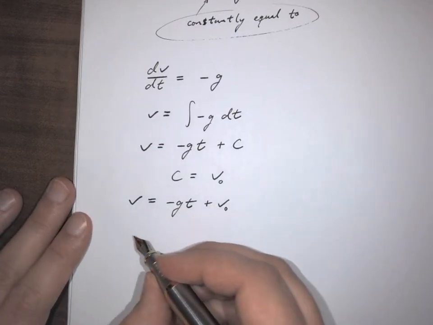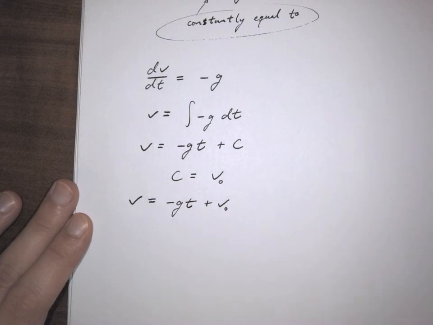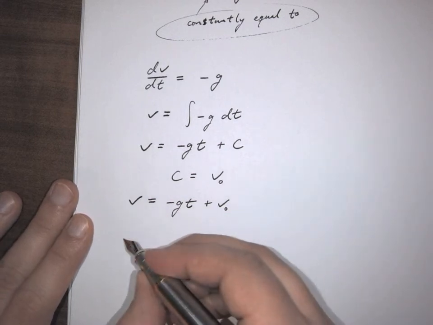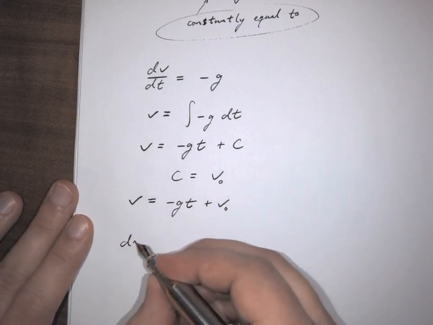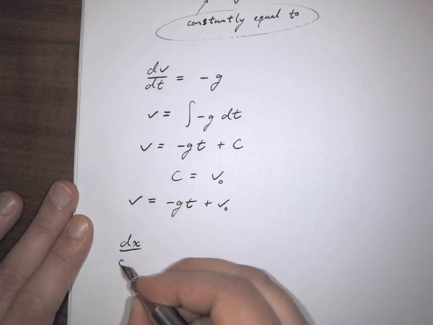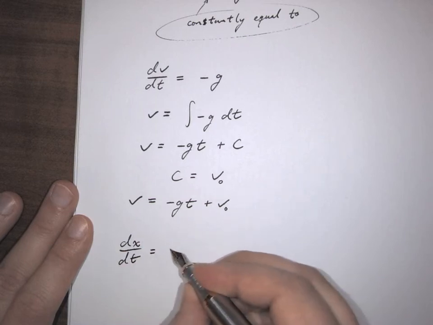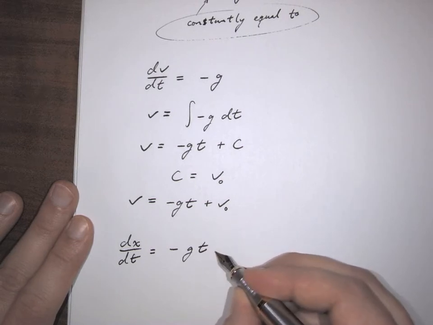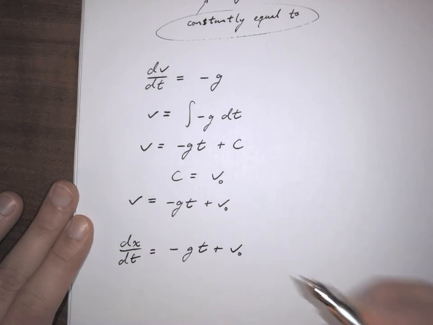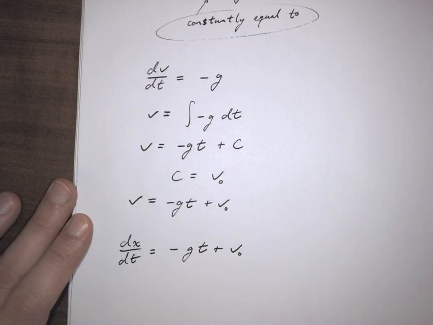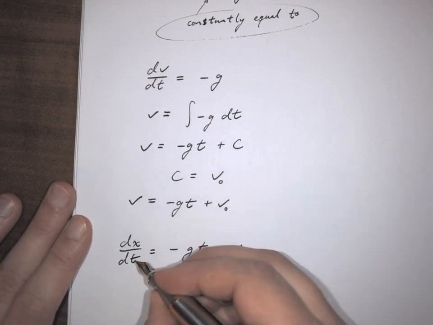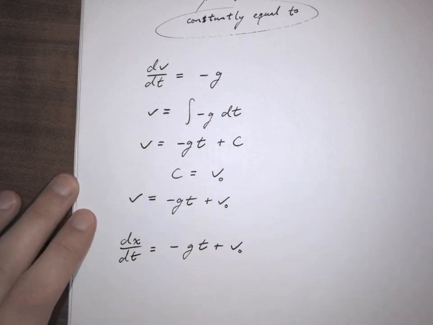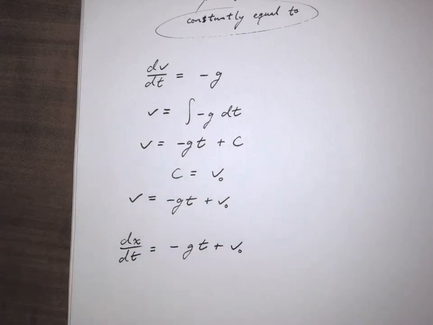Okay, but velocity itself is known to us to be a derivative, and so the derivative of x with respect to time is equal to negative gt plus v0. And once again, what we have on the right-hand side is purely a function of the variable t, which is the independent variable, the variable with respect to which we were differentiating.